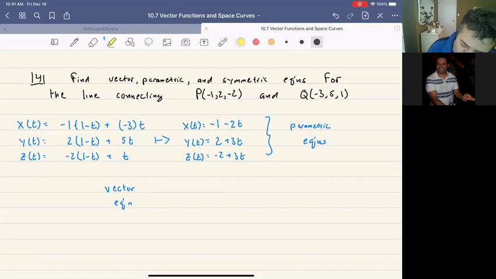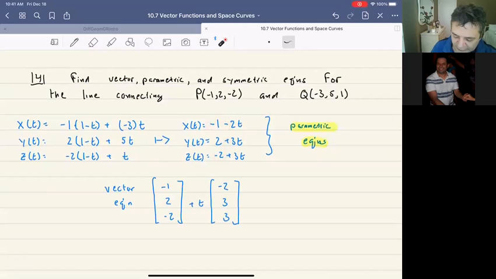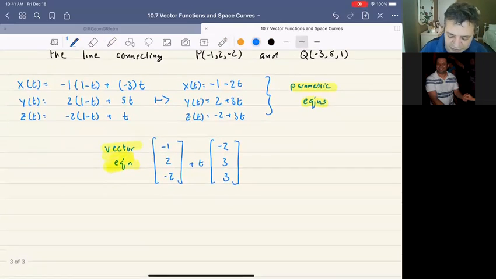Well, that's not too hard. You don't really have to do much. You just take the starting point (-1, 2, -2) plus t times (-2, 3, 3). I just took the starting point again, then the t, and then this direction vector goes here. So that's the vector equation. And then for the symmetric equation, you just solve this for t.